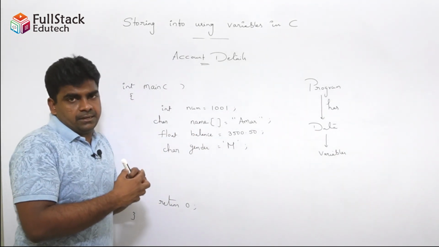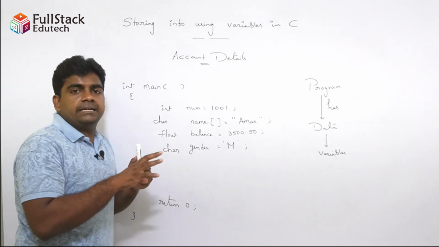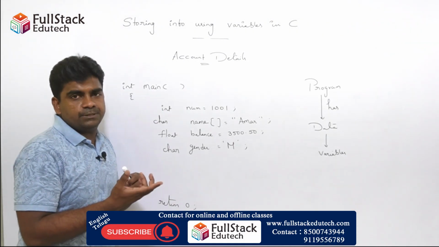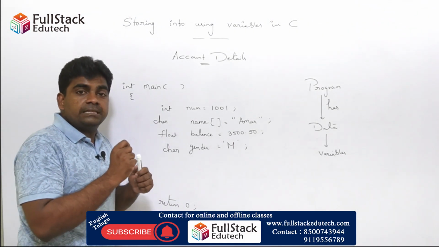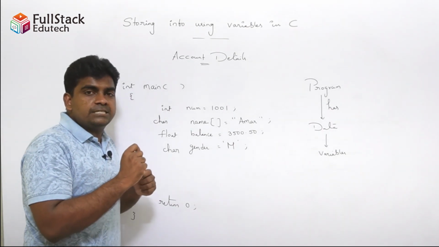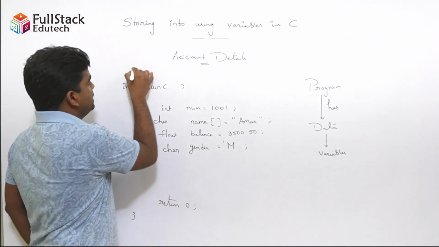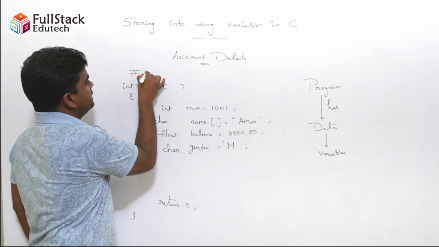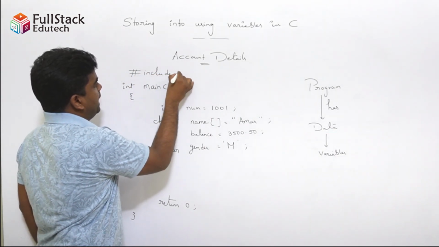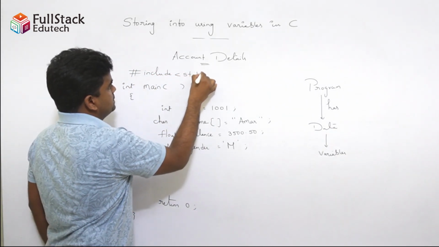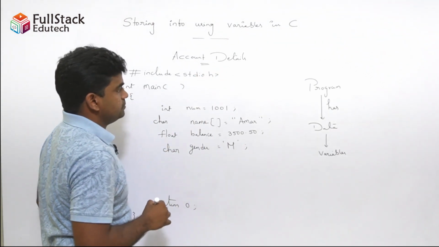After storing the data, we need to display that information. How can we display? We already know. Using the printf function, you can display any information on the console. The printf function belongs to the stdio header file, so #include stdio.h.